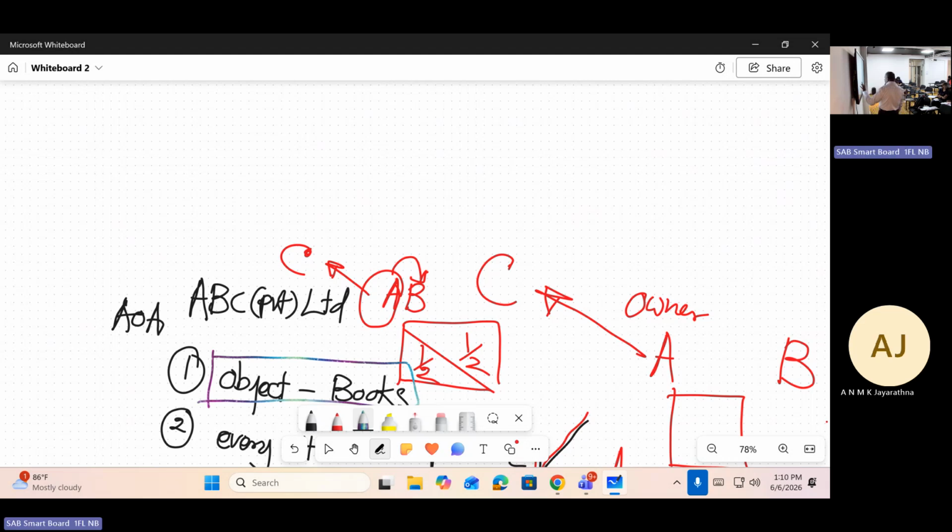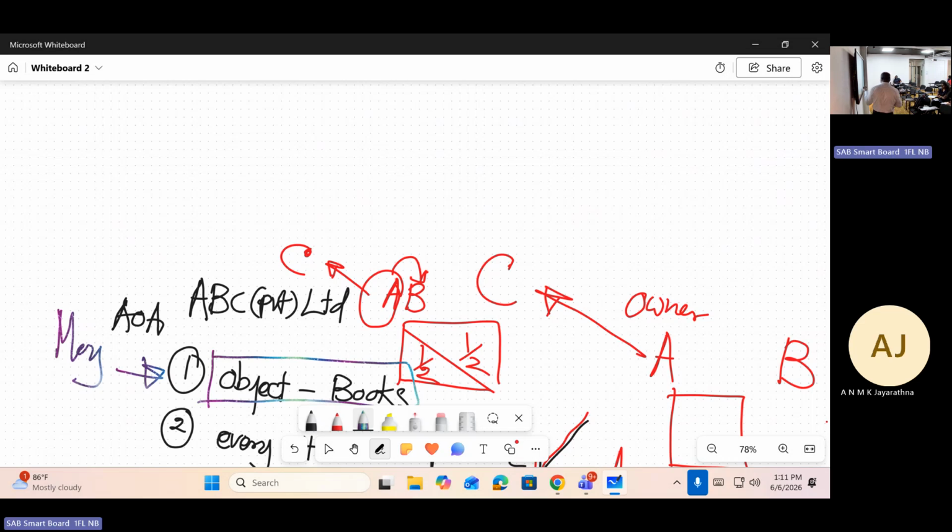Now, as I mentioned, according to section 30 of the Companies Act, the company may set out its objects. It is not compulsory. The company can mention its objects, or the company can avoid mentioning its objects.